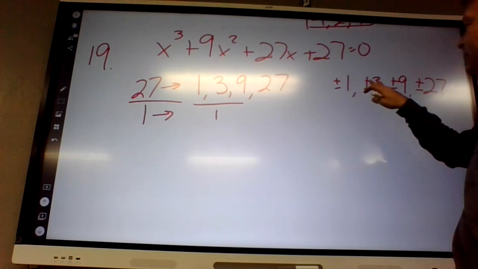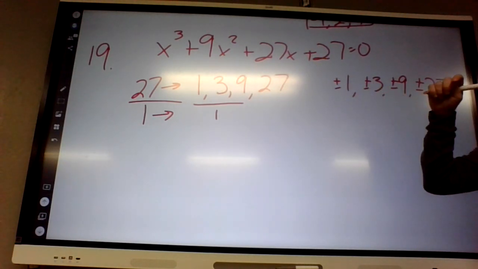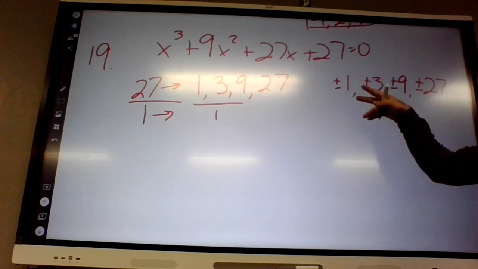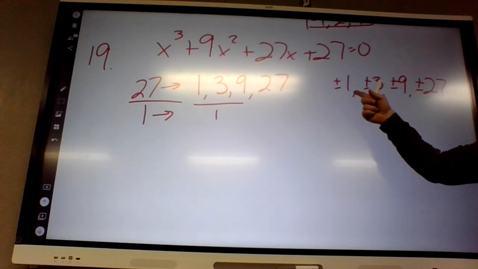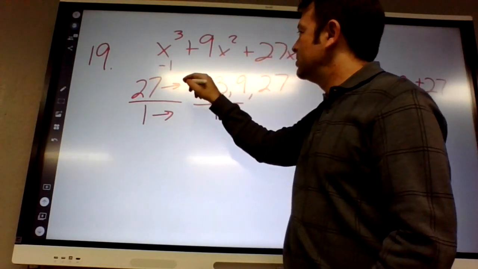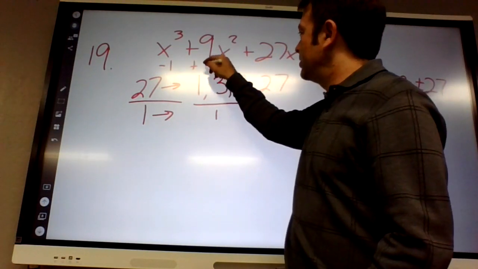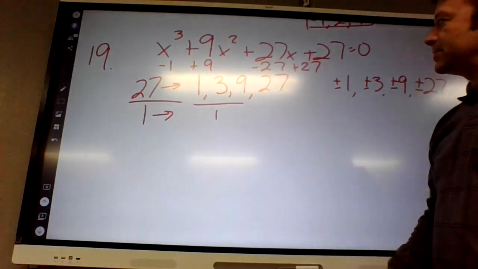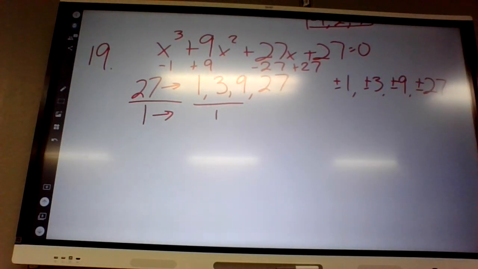So it has to be a negative. That's what I'm saying. Did you guys follow that? Okay. Well, if you didn't follow it, just keep plugging stuff in until it works. So there's no way positive 1 could have worked. Negative 1 cubed, negative 1 squared, negative 1. Okay, so this is 8. So negative 1 doesn't work also.